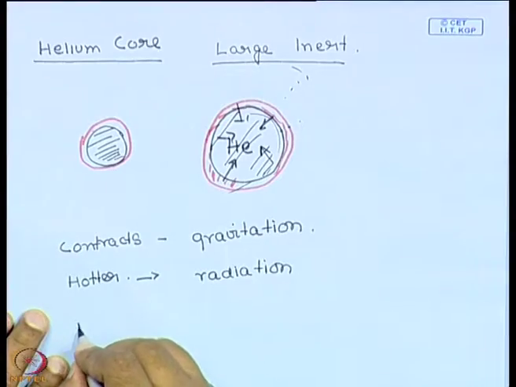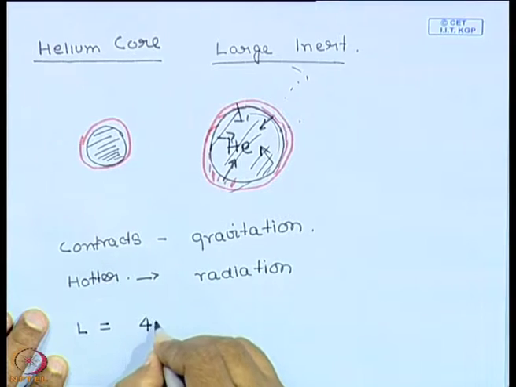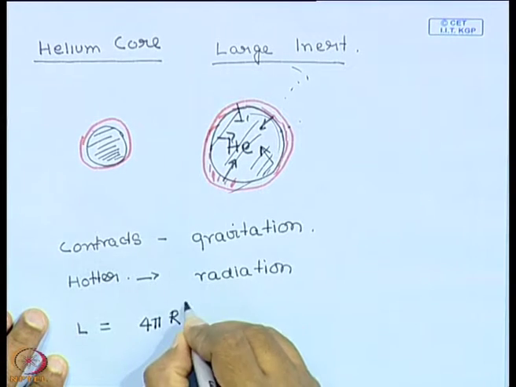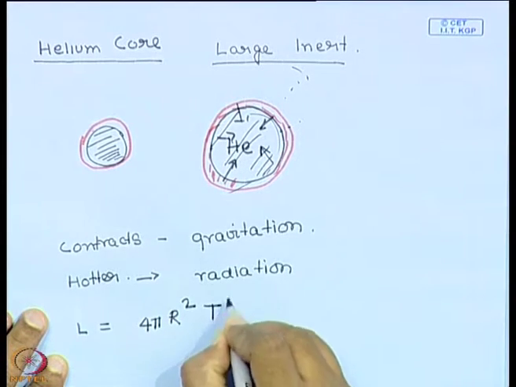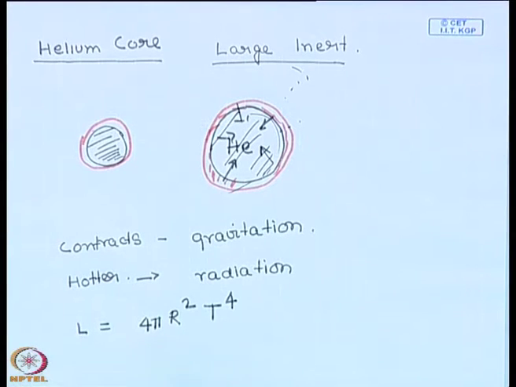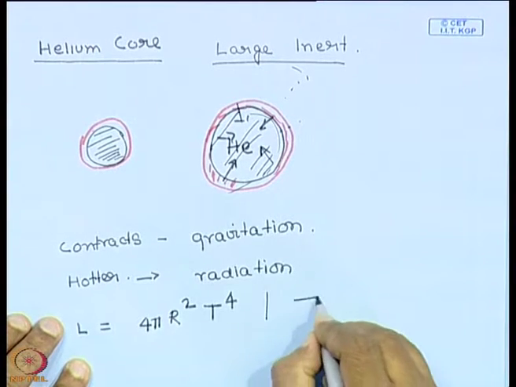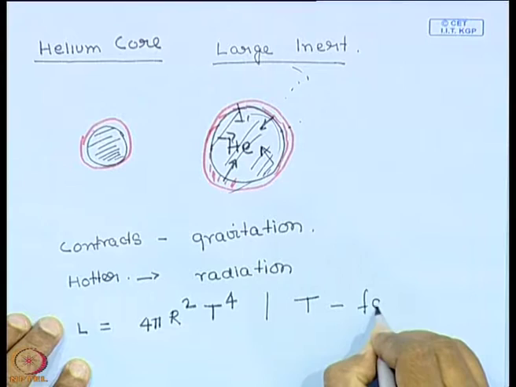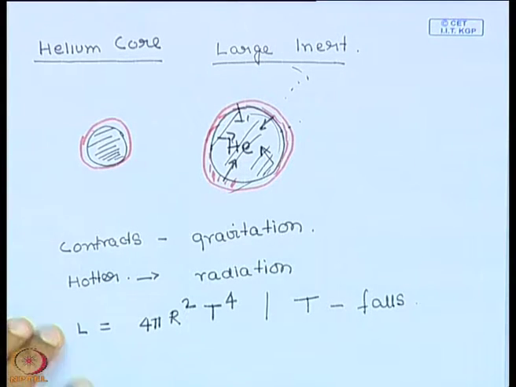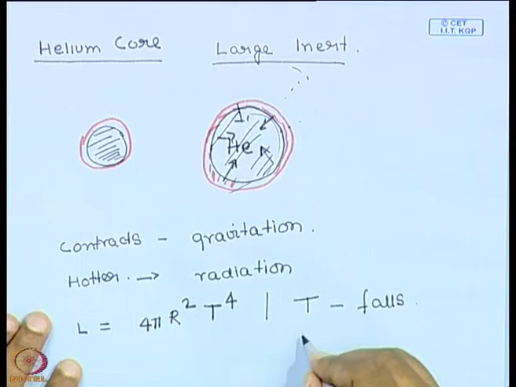So, the outer part of the star expands, and it expands so much that the luminosity actually increases considerably. Due to the expansion, the temperature of the surface falls, but the radius increases dramatically.